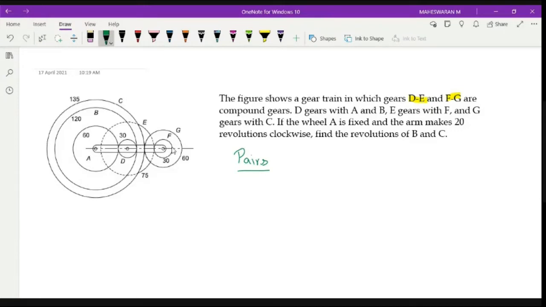They have clearly mentioned that gear D is with A and B, which means DA is one pair, and DB is the other pair. So D is connected to A and D is also connected to B. So these are two pairs.